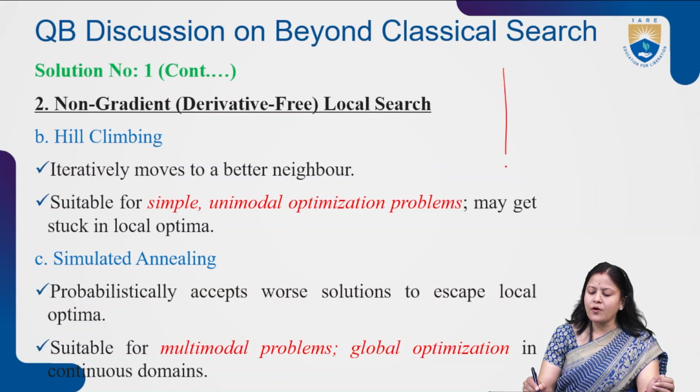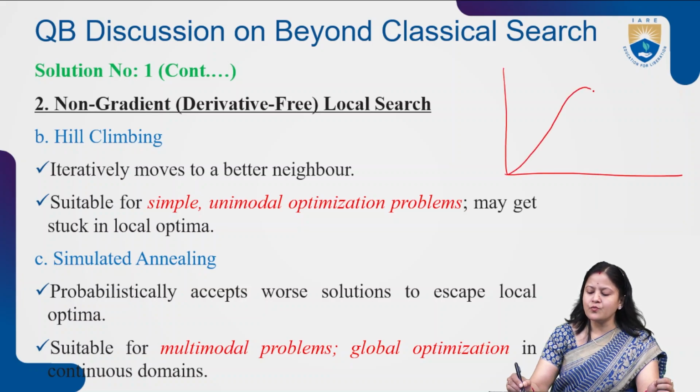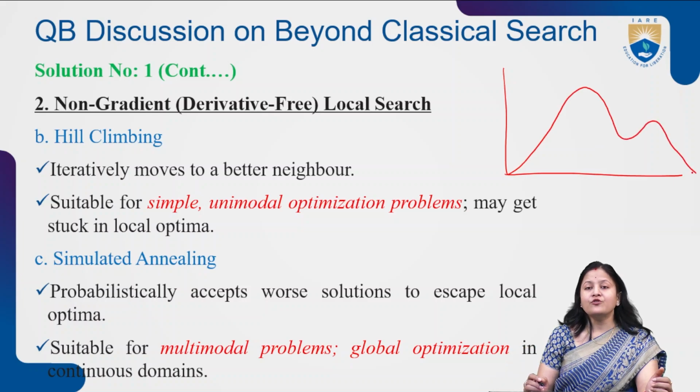First of all, it works with a smooth surface and iteratively tries to move to a better neighbor. Like the random algorithm, it starts with any solution. For example, this is the solution we find at this point. Then the AI agent tries to find the next neighboring solution, maybe here or maybe here, and so on.